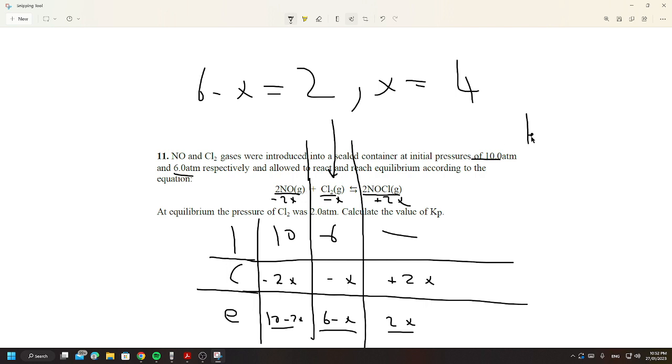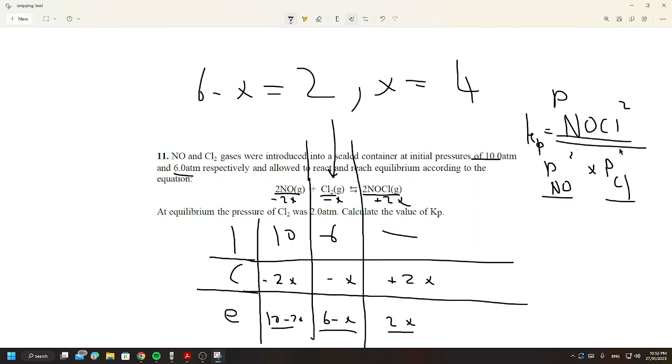Let's write that down real quick, and all of these pressures are at equilibrium, okay guys? So Kp equals P(NOCl) squared over P(NO) squared times P(Cl2).